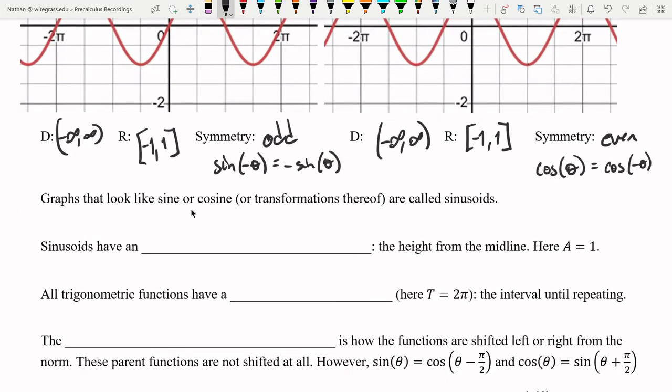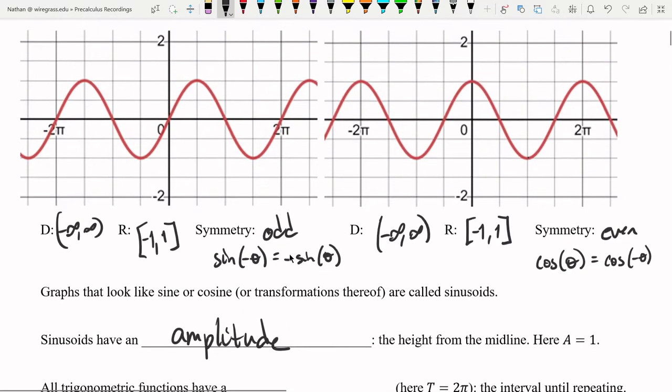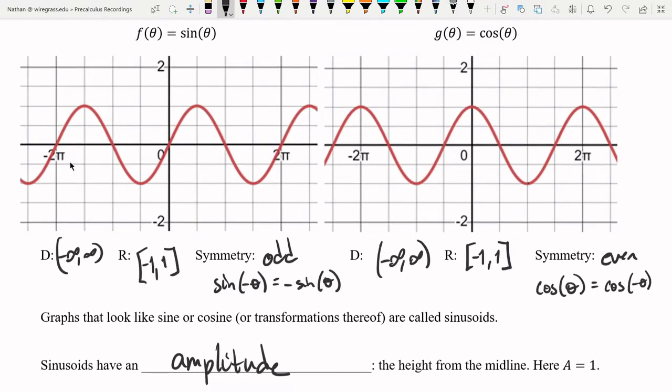Sinusoids always have an amplitude. And this is really the idea of the height from the midline. So here for sine and cosine, both of these have a midline right here at, sorry, 0. This is y equal to 0.